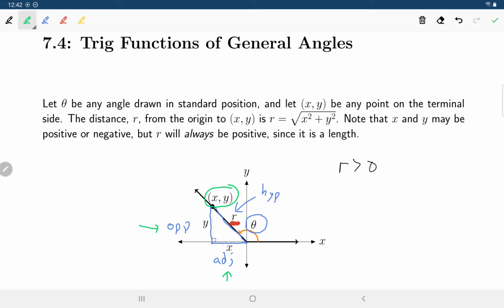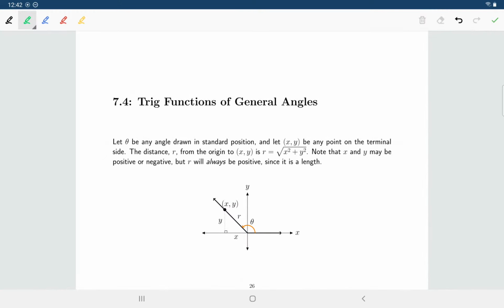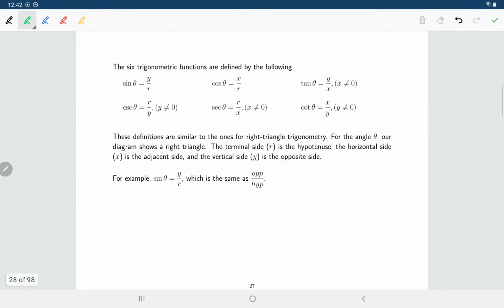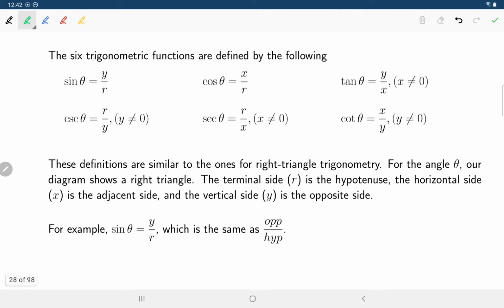Now, the way that we're going to define our trig functions is in terms of x's and y's and r's. But if we remember what I had just said about the y side being the opposite side, the x side being the adjacent side, and r being the hypotenuse, you can see that essentially these are the same definitions.